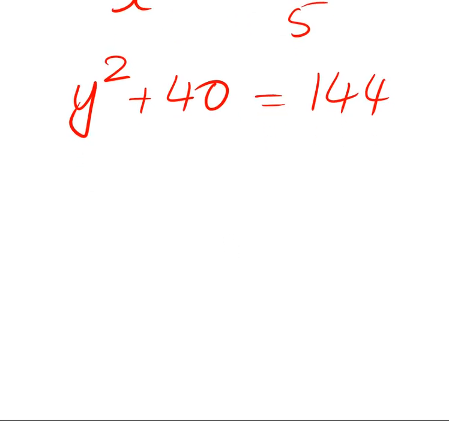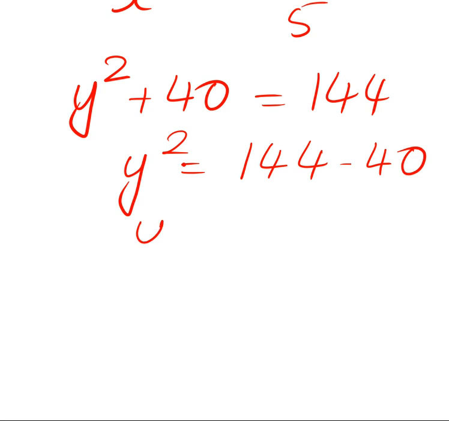If we need to solve this quadratic equation, we need y square alone on one side. So we can bring this 40 to the opposite side. So y square is equal to 144 minus 40. Oh, sorry.